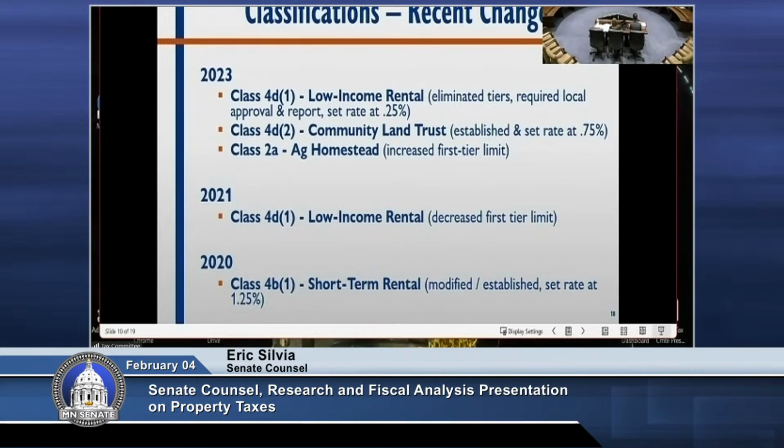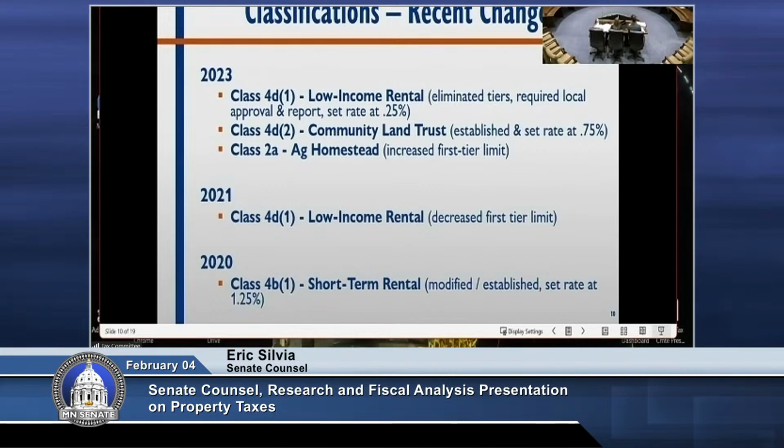Interesting to note, as you look at that document of the class rate changes, those that have tiers, as the property increases in value and enters that second tier, the class rate would increase. That was the opposite for Class 4D property. The first tier had a 0.75% class rate, and when you increased in value past the first tier, the class rate was substantially lowered to 0.25.